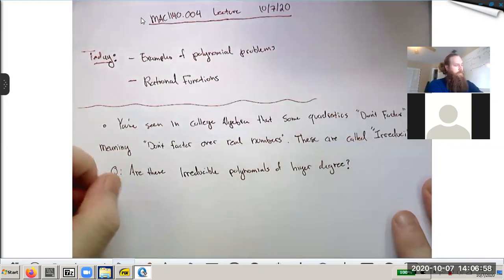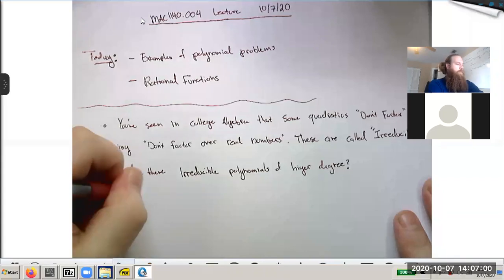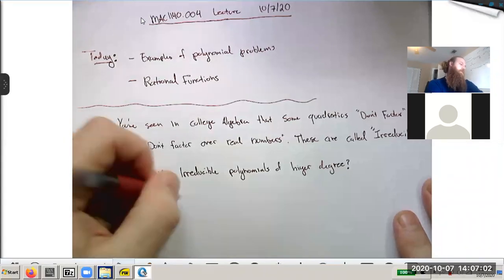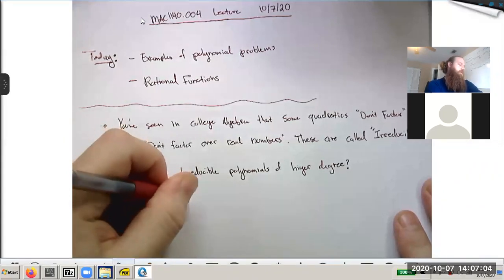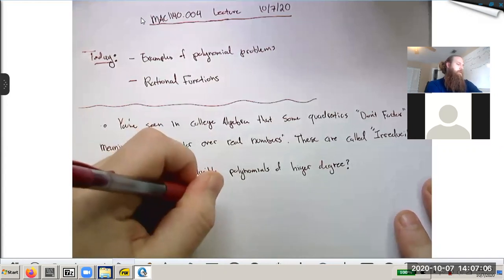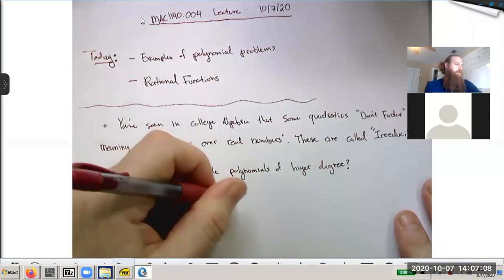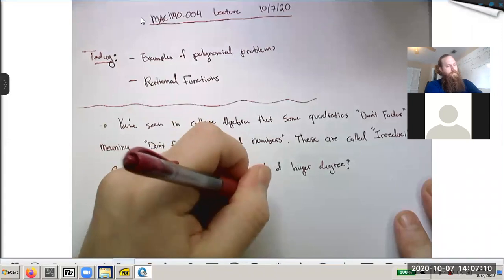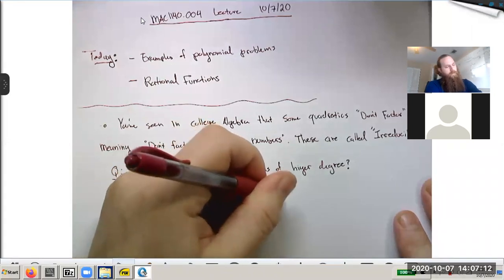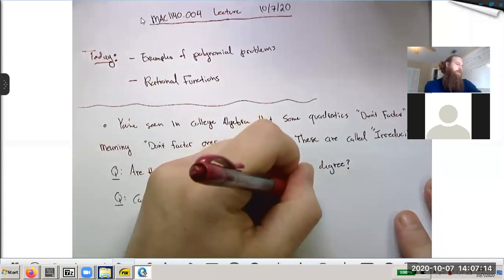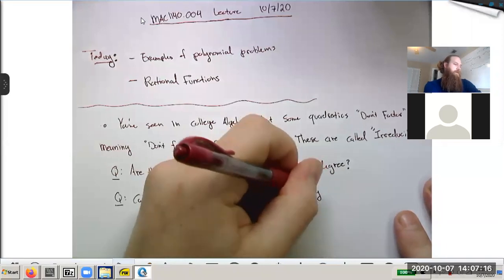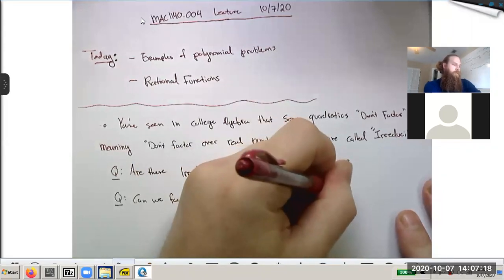And can we factor irreducible quadratics using non-real numbers?